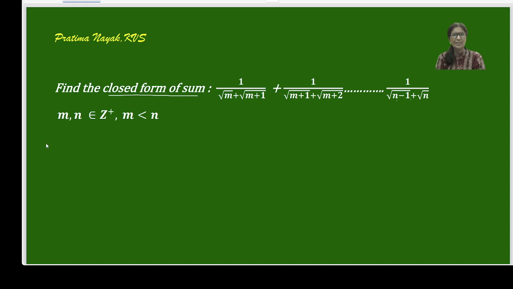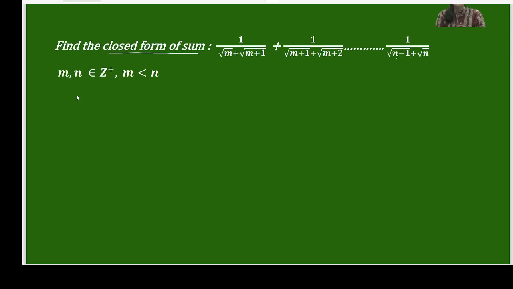So if we analyze the question, the first term is 1 over square root of m plus square root of m plus 1. Second is square root of m plus 1 plus square root of m plus 2. So what will the third term be? Certainly it will start from square root of m plus 2 plus square root of m plus 3. Next I'll analyze what the last but one term will be.